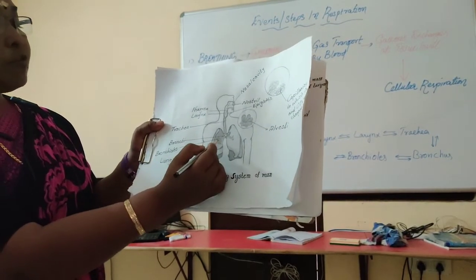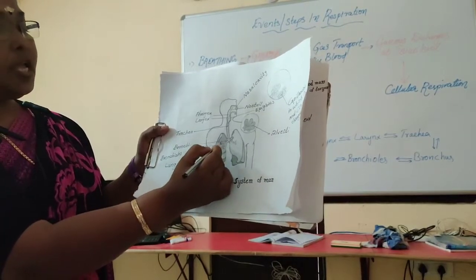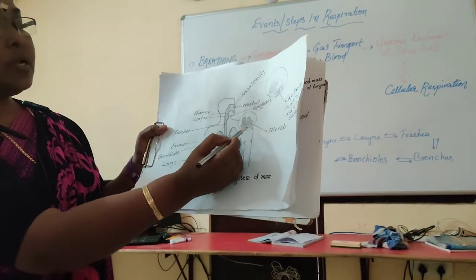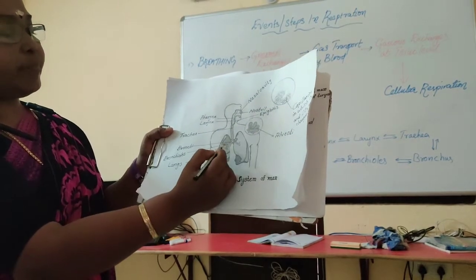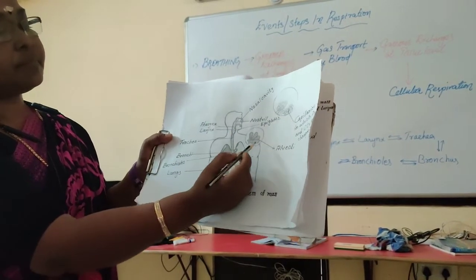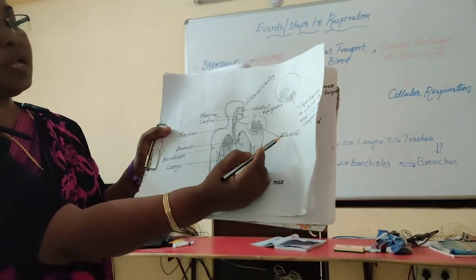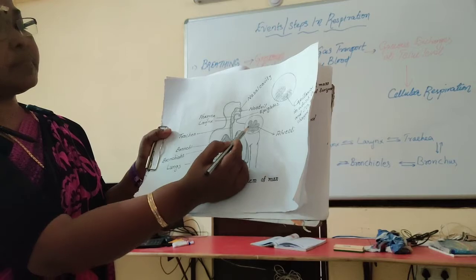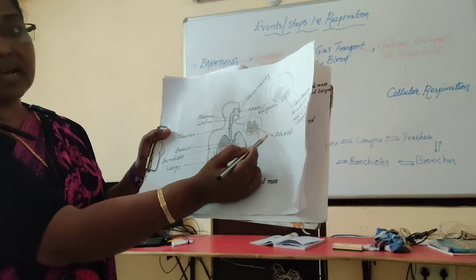At the terminals of the bronchioles, many air sacs terminate and form clusters. This part I have cleared here. This is called the alveoli. Inside the alveoli, many blood capillaries are there.